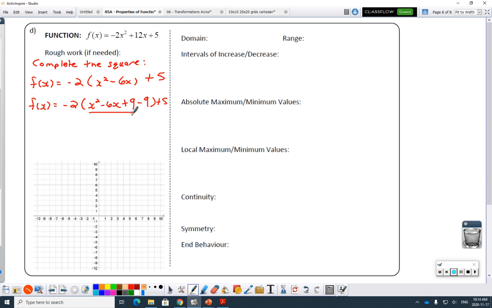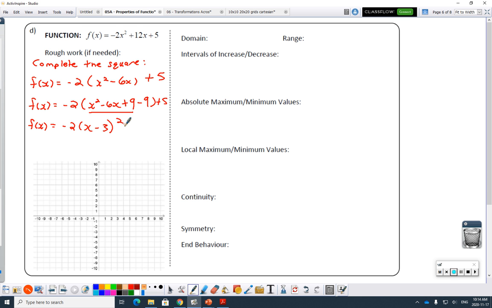It's -3 both times. It's the perfect number to complete the square. 9 was the perfect number to make it that when I factored this thing, I don't get two crazy things. I get the same thing twice. Now the square is completed.